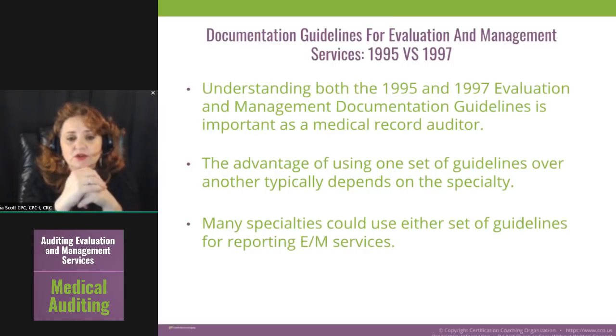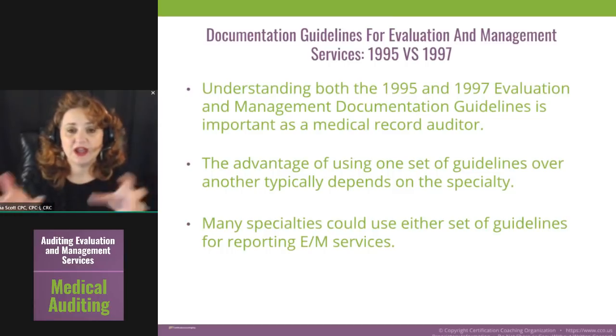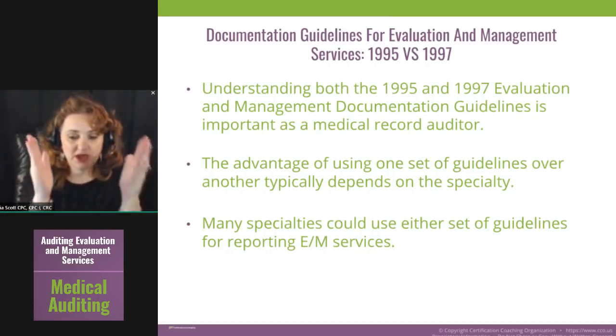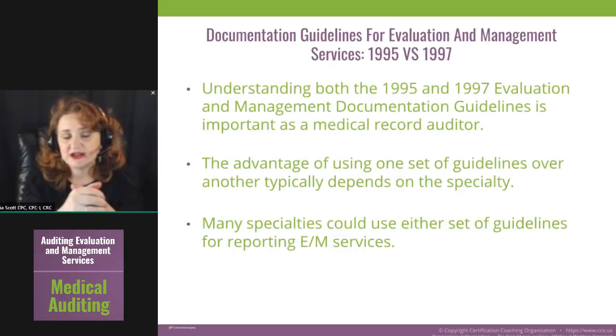So you as the auditor have to understand which one works better, because you will educate the provider and the coder as to, you know, hey, I've noticed that you're using the 95 guidelines in your audit tool, but did you realize that 97 is probably going to allow you to have more reimbursement because of the specialty work that you're doing, and we want to make sure you're being reimbursed properly.